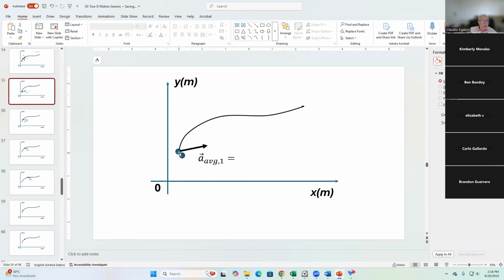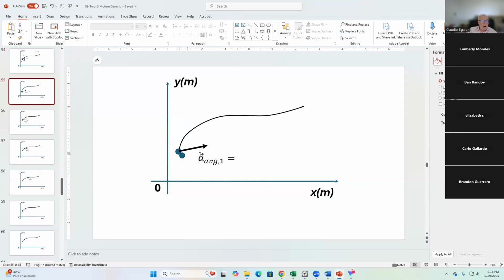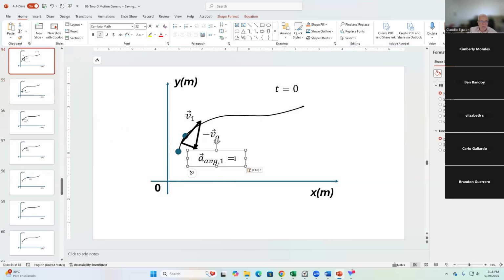And the resulting average acceleration vector is going to be this one right in here. This average acceleration vector lies anywhere between those 2 points in my graph. And I can now write down the average acceleration vector.